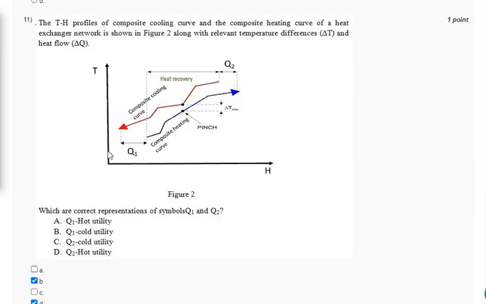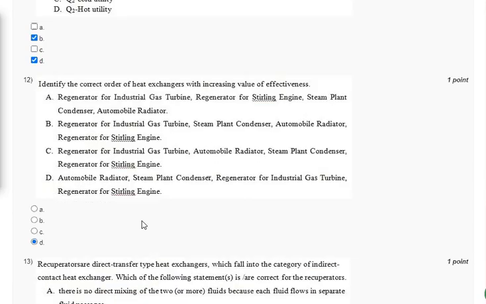So in the question number 11, the Q1 is the cold utility and Q2 is the hot utility. So right answer is B and D. Now come to the question number 12.